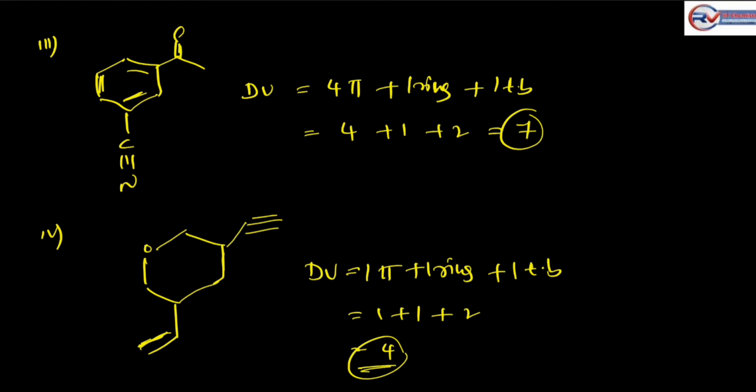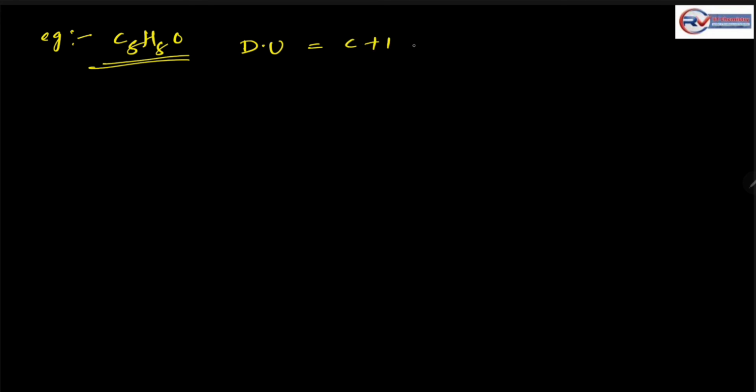Let's see an example for molecular formula. C8H8O is the given molecular formula. How to find the DU? DU or DBE is C plus 1 minus H plus X minus N by 2.